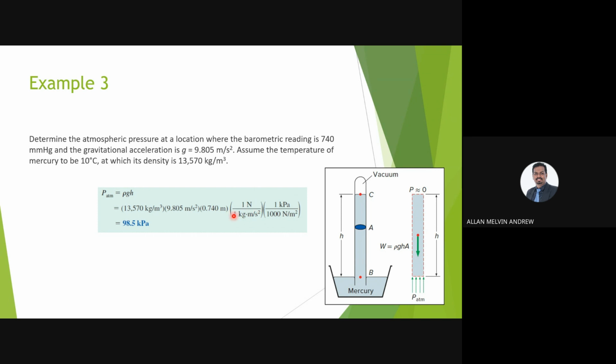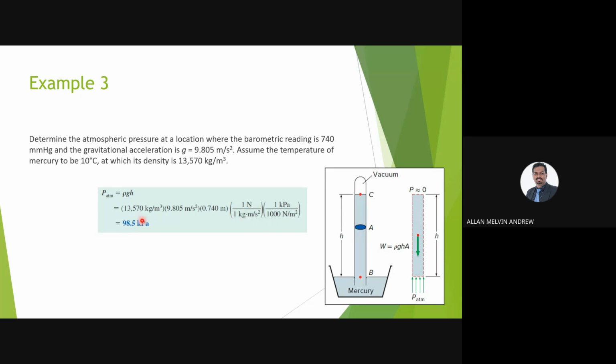That's why we use this unit conversion based on the units available here, so that you can cancel immediately from the equation. If not, you need to find this first, then convert it to kilopascal, especially if the question says to give the answer in kilopascal. Normally in thermodynamics we will use these unit conversions, so get some practice using them.